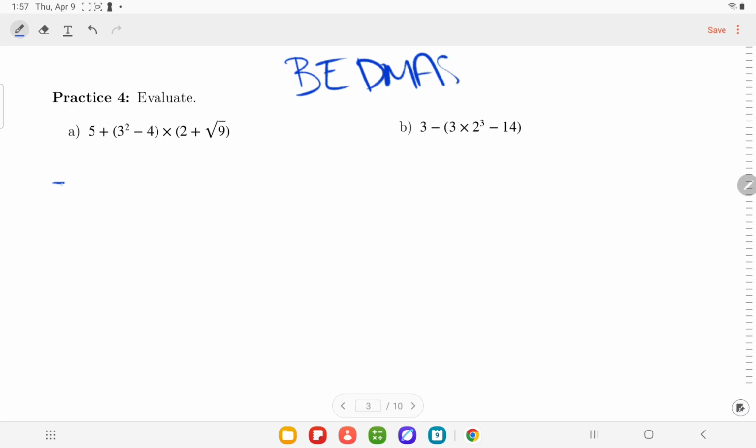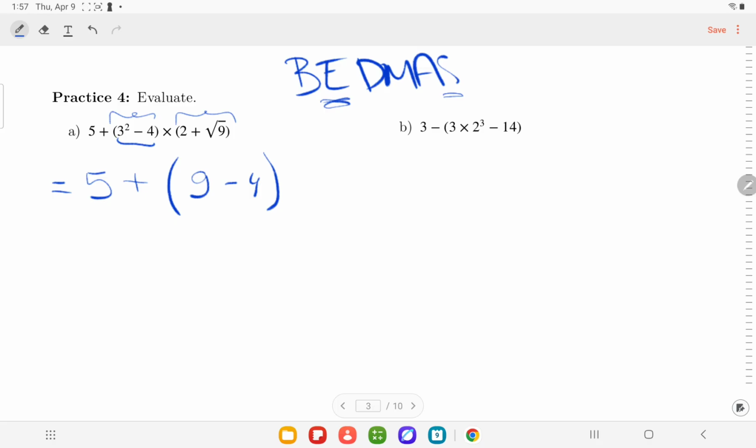So as you can see here, we have brackets here and here. So we're going to look at those first. So we have 3 squared, which is 9 minus 4. When you're looking within the brackets, you do BEDMAS once again. So there's subtraction, but there's also an exponent, and exponents come before subtraction.